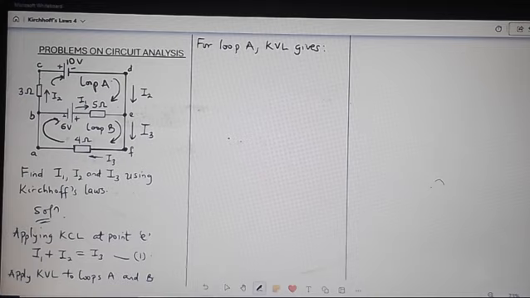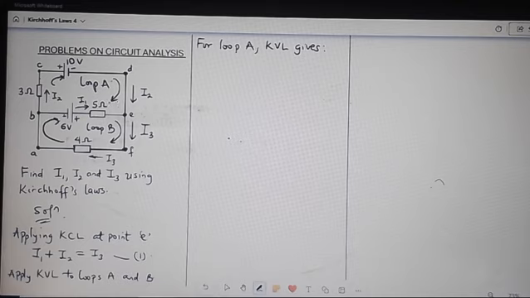Let us apply that to loop A first. Remember what I said initially, you have to assign an arbitrary direction to current flow. In loop A, I have chosen the clockwise direction, and since I have chosen the clockwise direction, there is another step to follow.